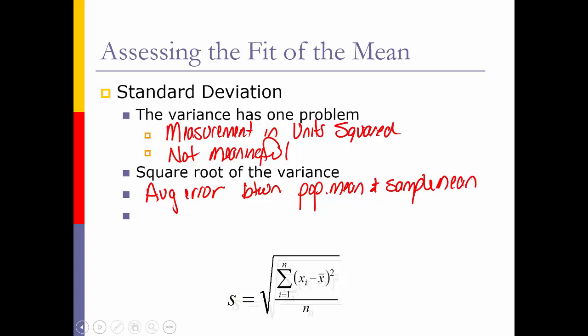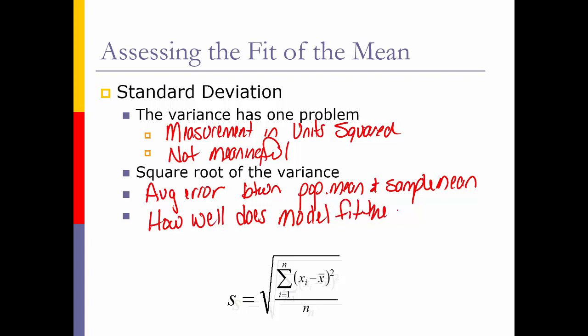So what that's really telling us is how well this mean, which could be considered just another model type, fits. And then that average error is essentially what we're going to end up calling our standard deviation.